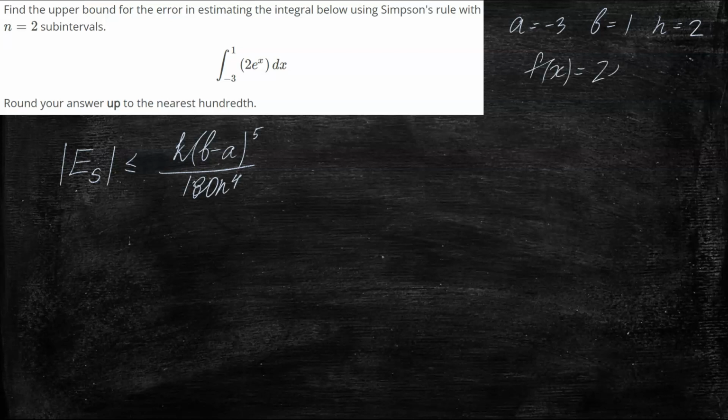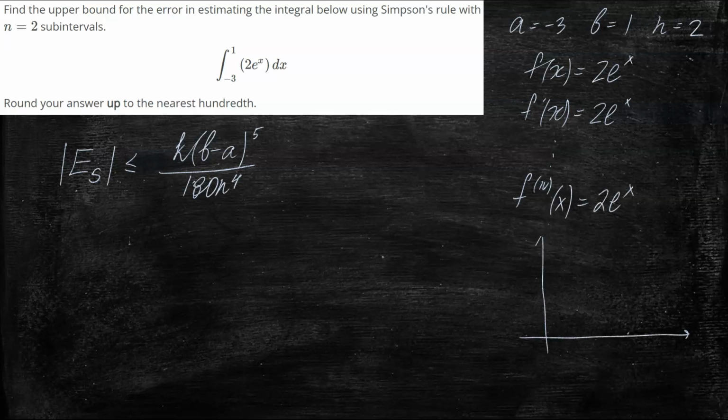So f of x is 2e to the x, a function whose fourth derivative will be exactly the same as any other derivative. Because this function is increasing, it will reach its maximum on the far right side of the interval.